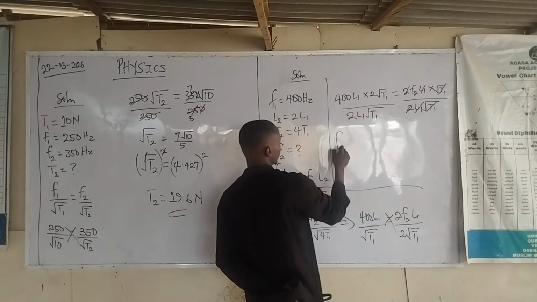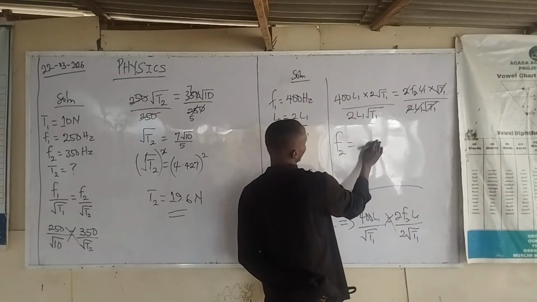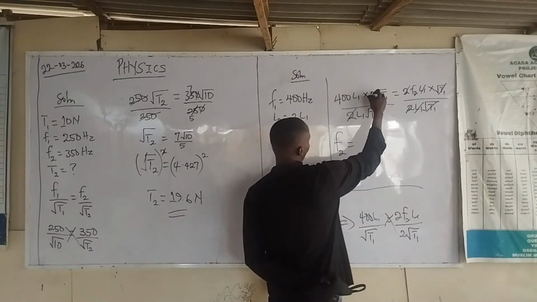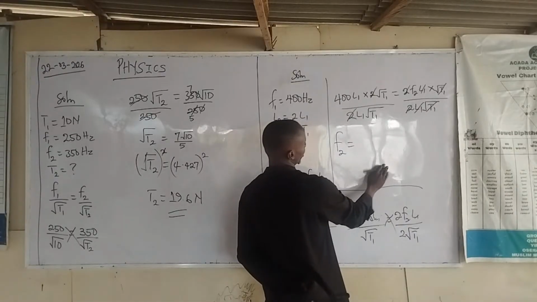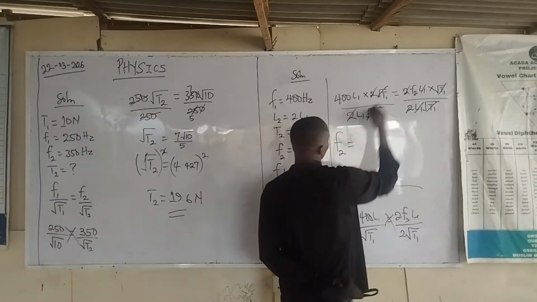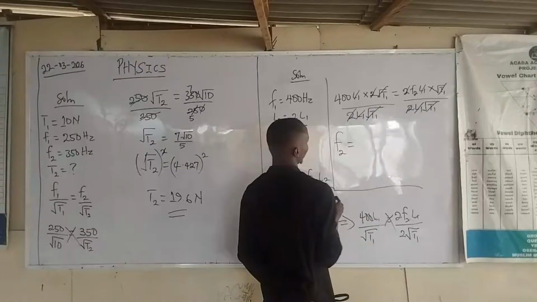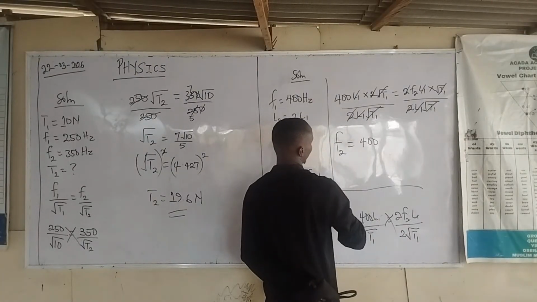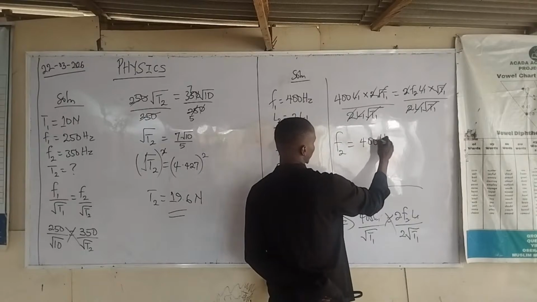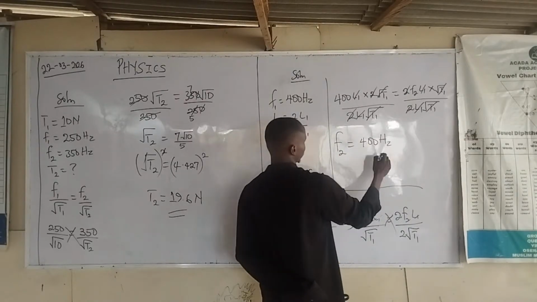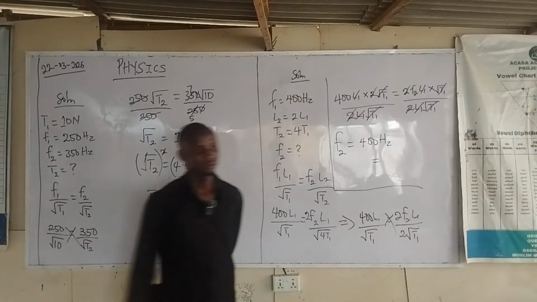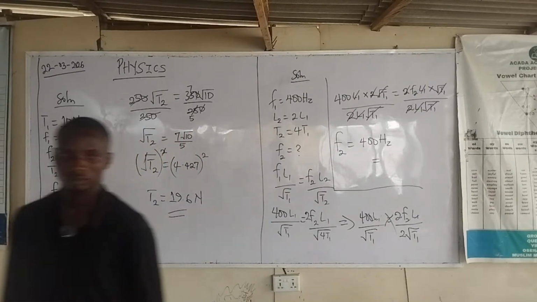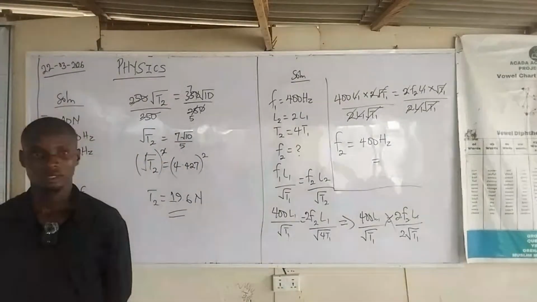So we have F2 now to be equal to, the 2 and 2 cancelling, 400. You got it?